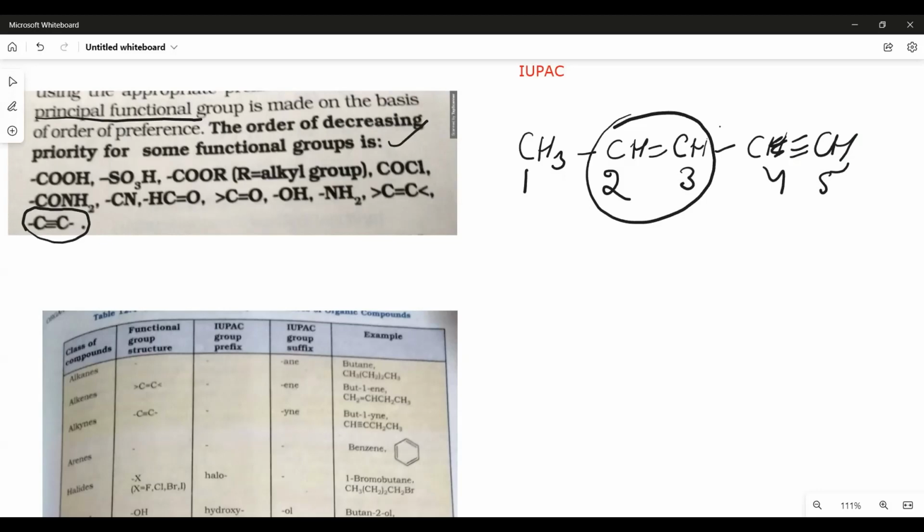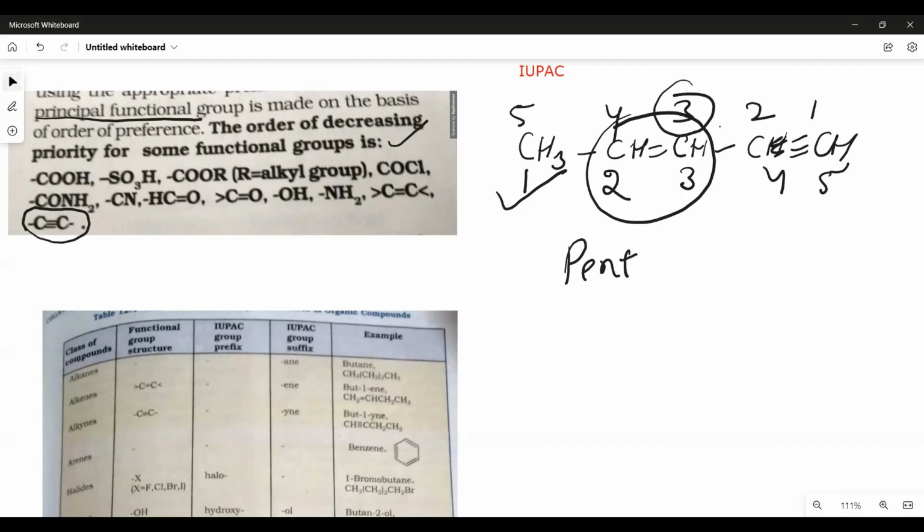Now here, if you start the numbering from left to right, you will see the carbon containing double bond will acquire the second number. But when you start the numbering from this side, you will see it will acquire number 3 position. So this will be the right order and the nomenclature will become pent.